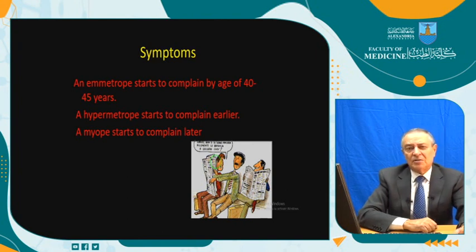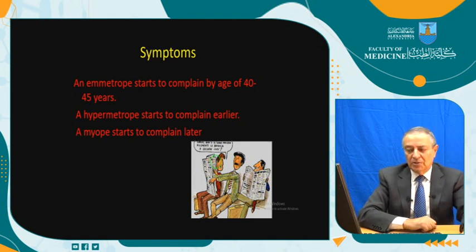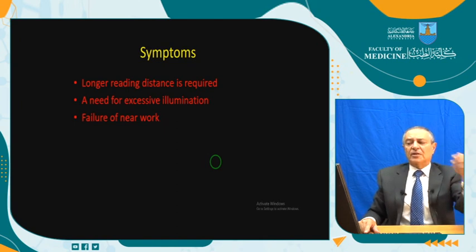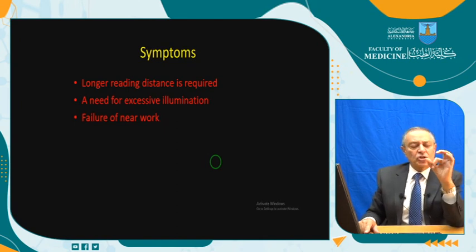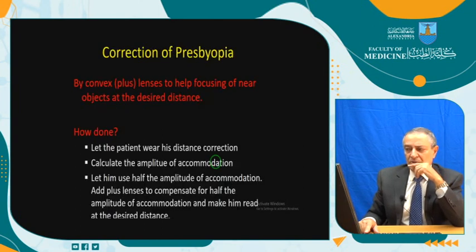A myope starts later, maybe he will not be presbyope anyway. If he is myope -3, he will take his glasses off and he can read without glasses. Longer reading distance is required, and a need for excessive illumination so that the pupil will be smaller and he will have better vision. At one time, an older patient cannot do the near work without his reading glasses.